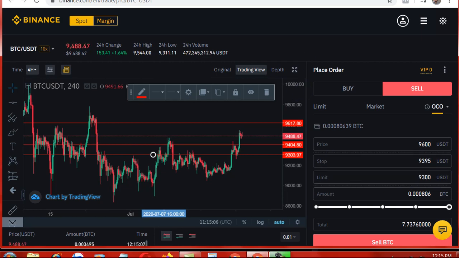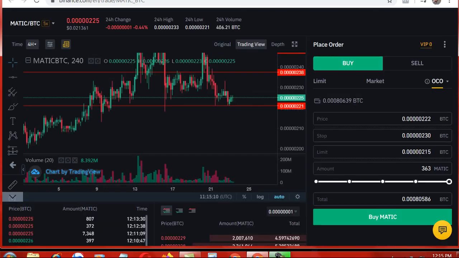Should you want to buy, let's say you want to buy a coin, for example now, this is Matic BTC. You have BTC, you want to convert some to Matic token. The current price right now is 226, so you are thinking that if the price comes down to 222 Satoshi, you should buy.